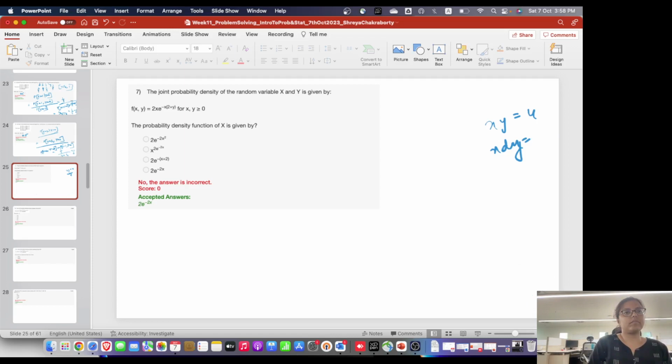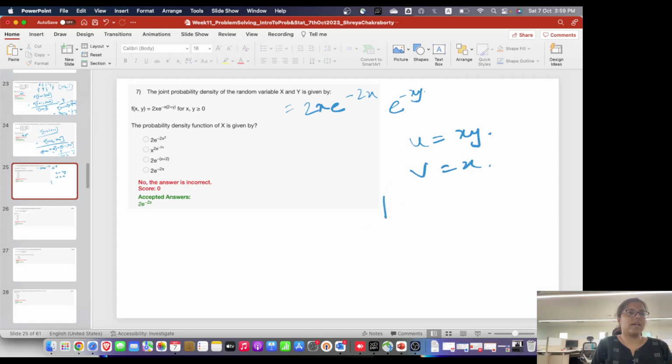Alright, so in order to remove this xy term, so this would be 2x e to the power minus 2x into e to the power minus xy. So let u equal to xy and v equal to x.